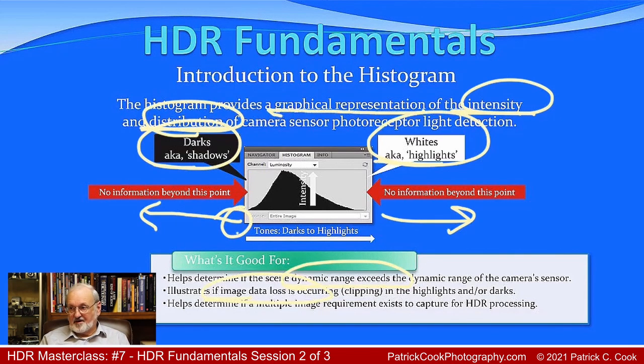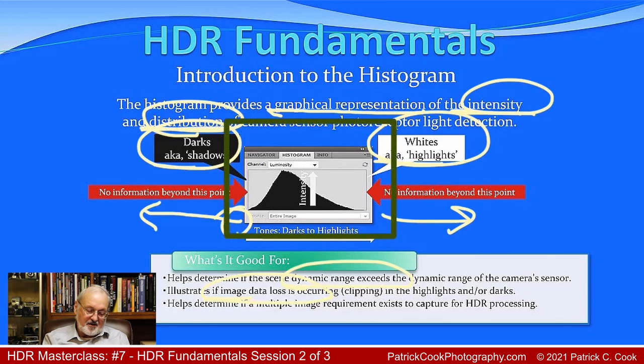And you can't have a 132 pixel value when the light is exceeding the capability of the photoreceptor. So it's a clipping situation. So the histogram is a tool by which you can determine the amount of light that is being captured by the camera and the distribution of that light.